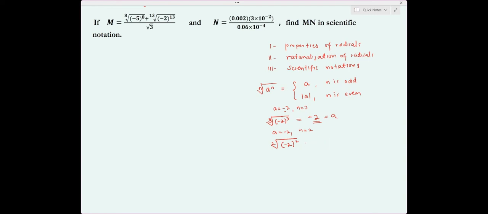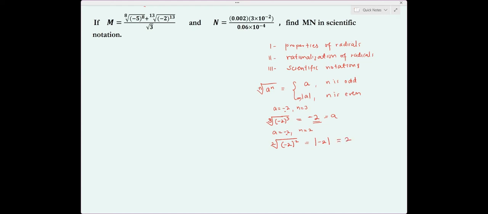Because we know that minus 2 to the power 2 is 4, and the square root of 4 is going to be 2. But 2 is not the same thing as a. A here is minus 2. So the right answer is the absolute value of minus 2, which is why we have the absolute value here, which will now give us 2.